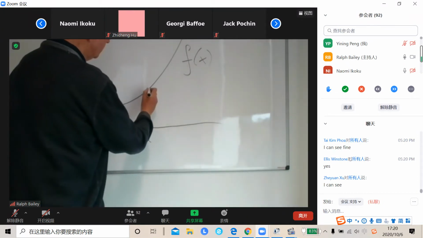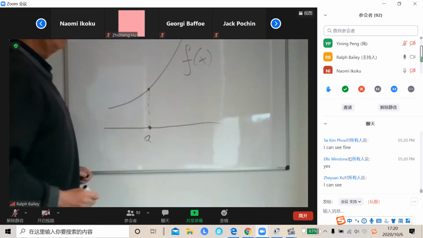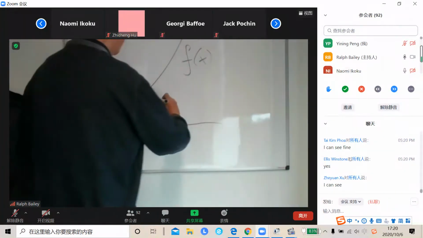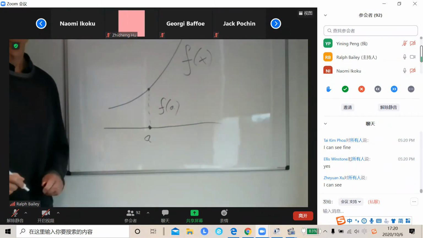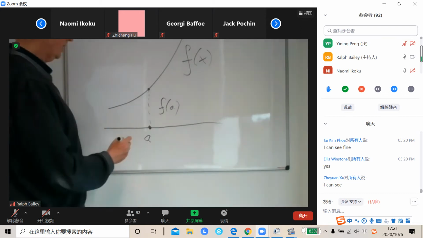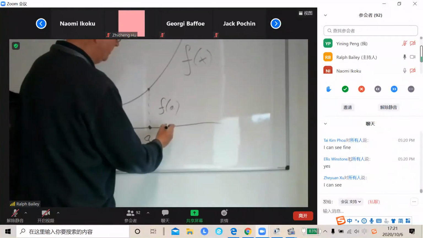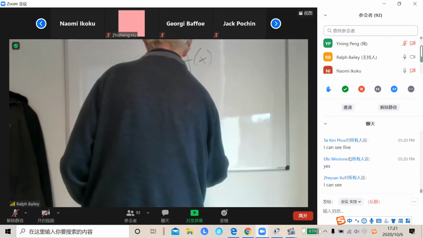We know all about the function just here. We know that the height is f of a. And we're asked to evaluate the function at another point. Let's say this is the point a plus h.